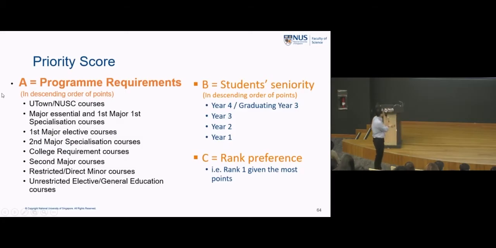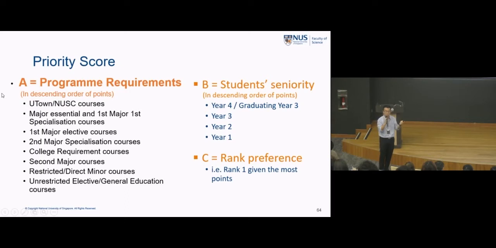So what are some of the program requirements? And this is in order of priority. So a student who is choosing to read that course as a major essential course will have a higher priority compared to somebody who is reading it as a second major course. Makes sense, right? Because primary major is bread and butter. You cannot graduate without a primary major, you know. You can graduate without a secondary major.